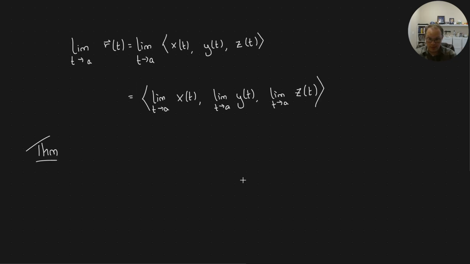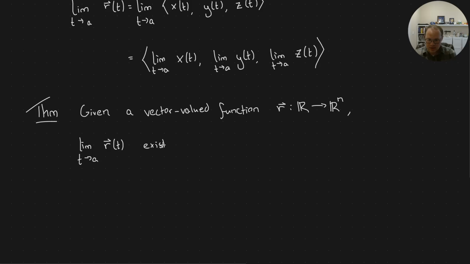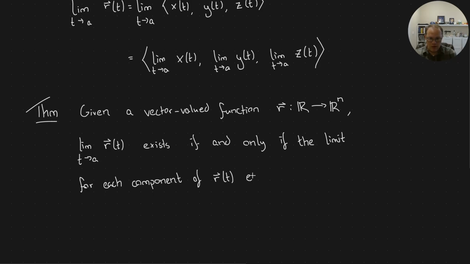Let's write it formally. Given a vector valued function r, which takes some scalar, our parameter, which is a real number, and takes it to some n-dimensional space, the limit as t approaches a of r of t exists if and only if the limit for each component of r of t exists.